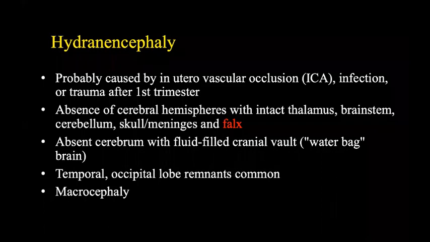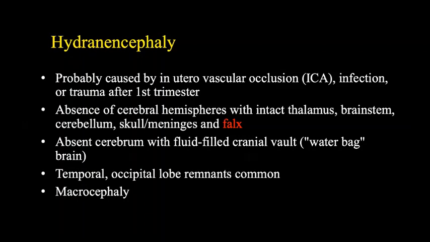However, the thalami, the brainstem structures, and the cerebellum are formed, the falx is formed, and it's all separated. And then the front of the cerebrum can look like a water bag, so there is no cerebral mantle. The temporal and occipital lobes are partially formed, so you can see some remnant of these.